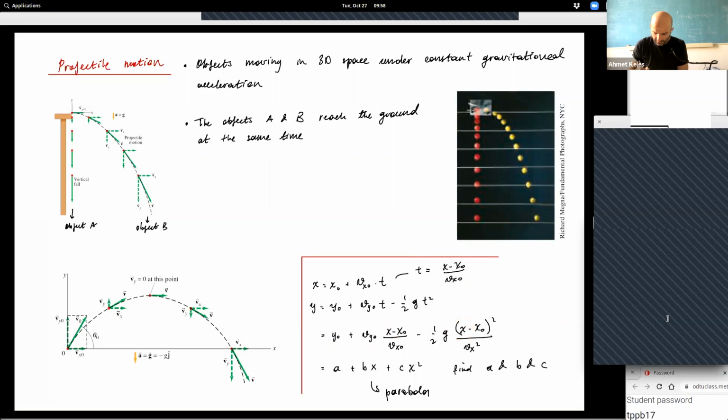If you like, you can do this exercise for yourself: open the parentheses, collect the terms, and you have something like a plus bx plus cx squared, and you can find a, b, c. This is the equation of a parabola. Y is equal to a plus bx plus cx squared, a parabola. So that's why projectile motion is a parabola.